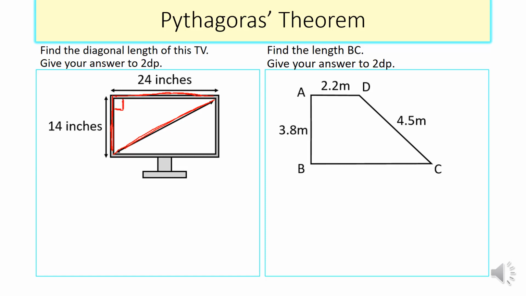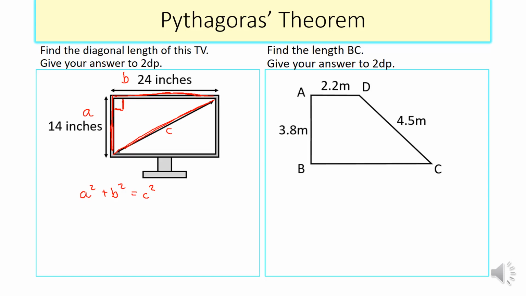So I can use the Pythagoras theorem to find the length of the diagonal, which is the hypotenuse of the right angle triangle. So I can mark this side as A, this side as B, and then the hypotenuse as C. I know that A squared plus B squared equals C squared.